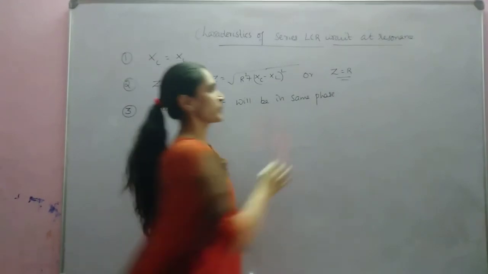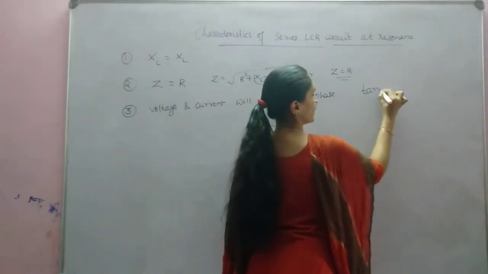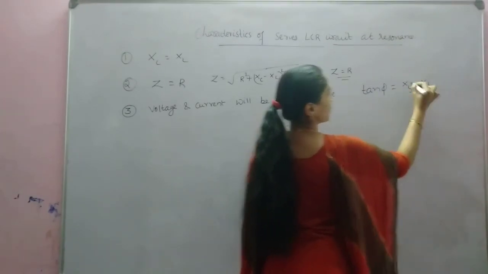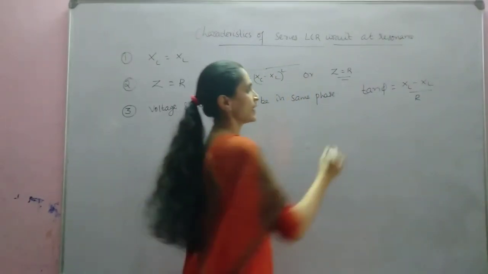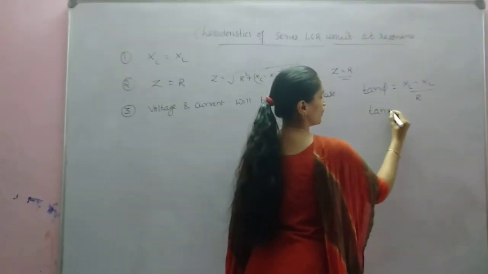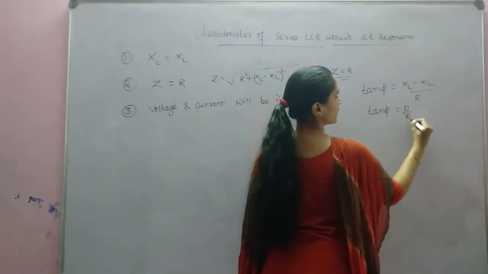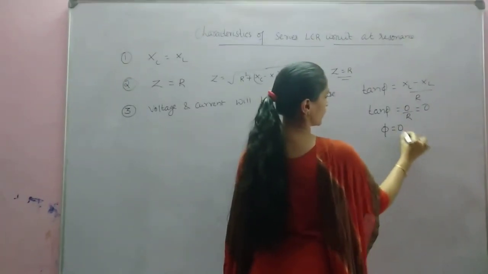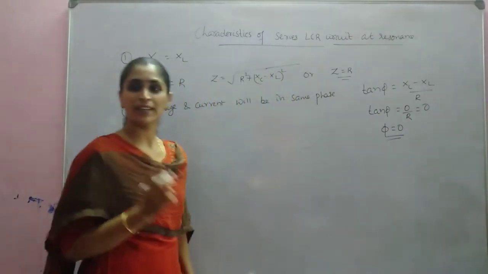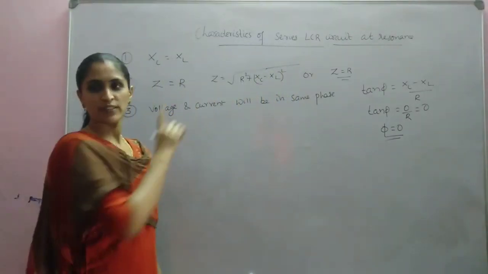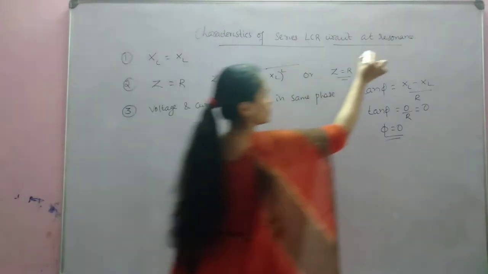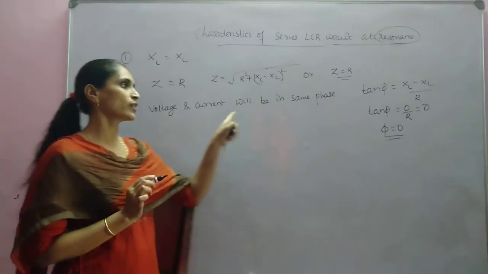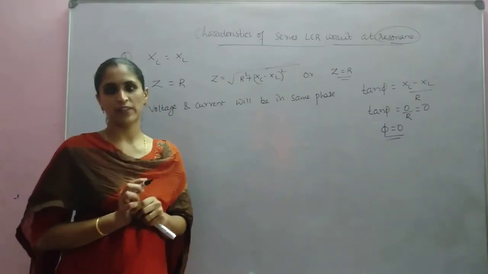We can find the expression tan phi is equal to (XC minus XL) by R. Since XC is equal to XL, we get tan phi is equal to 0 by R, which is 0. If tan phi is 0, then phi is equal to 0. So there is no phase difference between current and voltage at resonance in a series LCR circuit. This is very important. At resonance in a series LCR circuit, voltage and current are in the same phase.